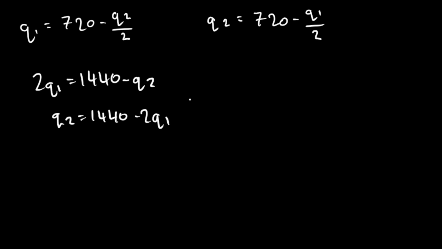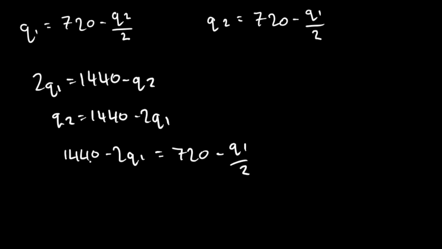And now that we have our value for Q2, we can plug this in here, because we have Q2 equals this and we have another value for Q2 here. So let's plug Q2 into that equation above, and we're going to get this.